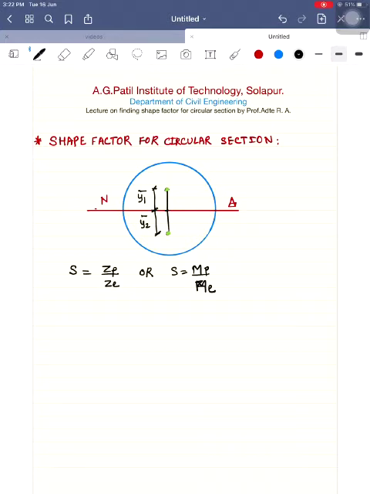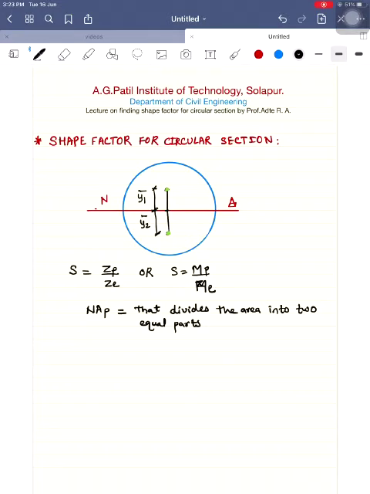Before that, let me just tell you something about neutral axis. In case of plastic analysis, we say that the plastic neutral axis is the axis that divides the area into two equal parts.